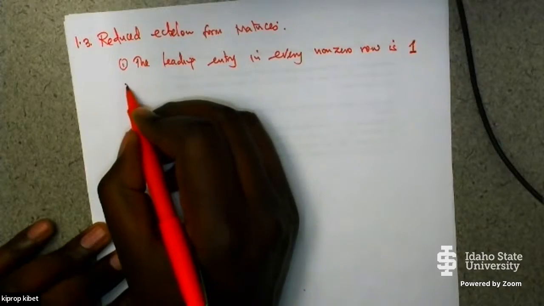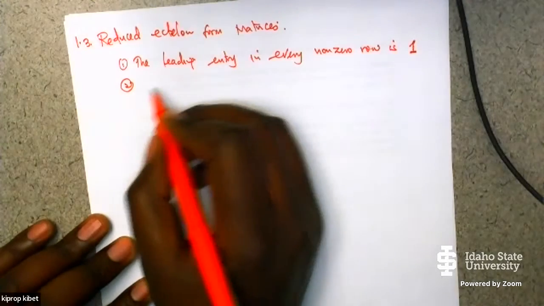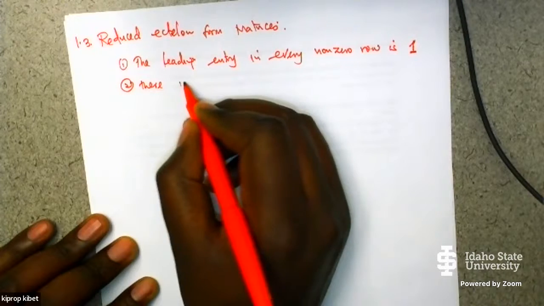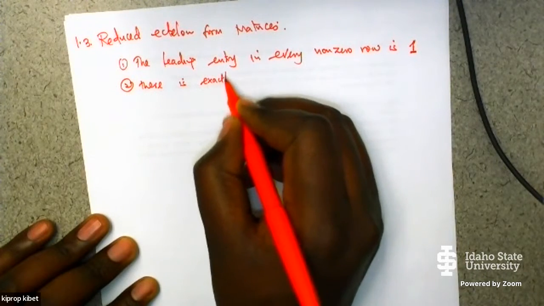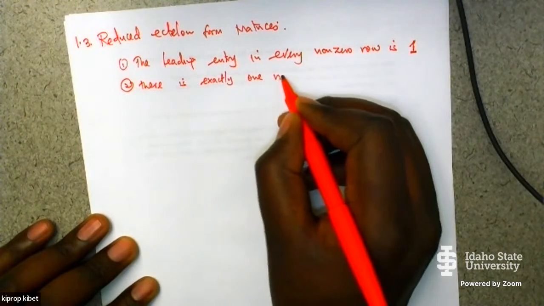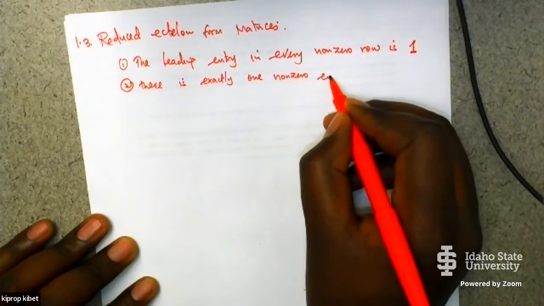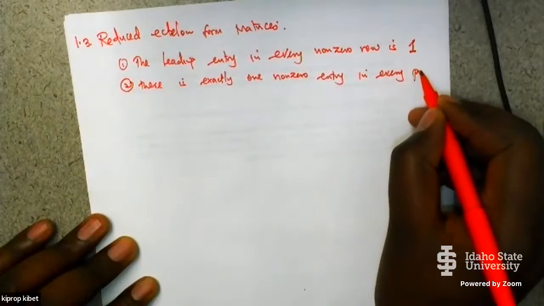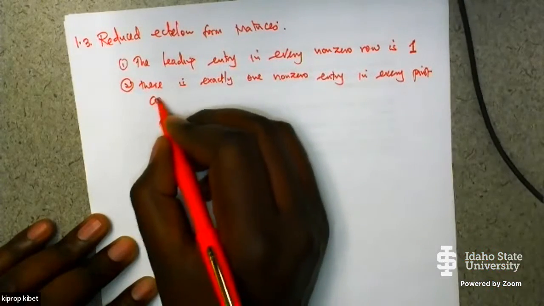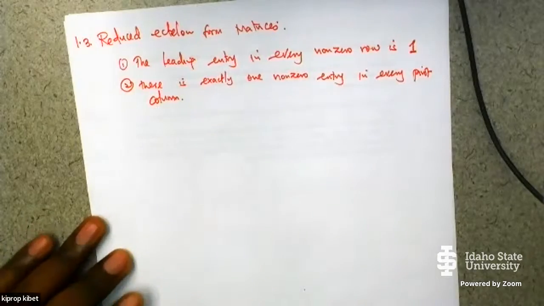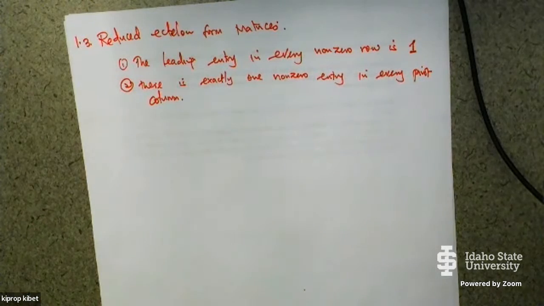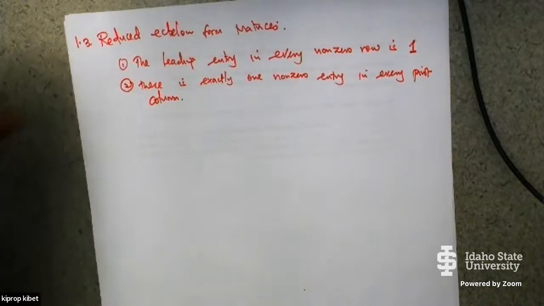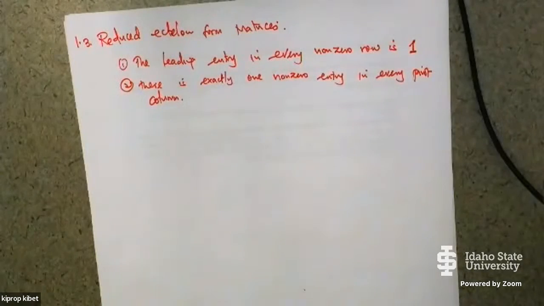Number 2, there is exactly one non-zero entry in every pivot column. There is exactly a non-zero entry in the pivot column.